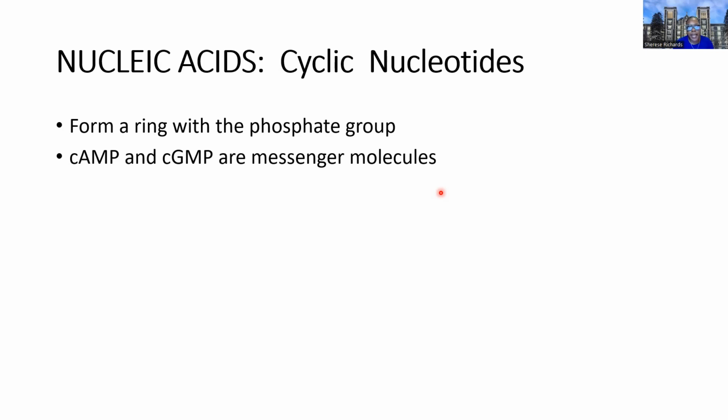And so cyclic AMP and cyclic GMP are molecules that help to pass those messages along, okay? So when a receptor binds, the receptor tells another molecule to do something else, and that molecule tells something to do something else. And so cyclic AMP is a way to pass that message internally to bring about the cellular function.